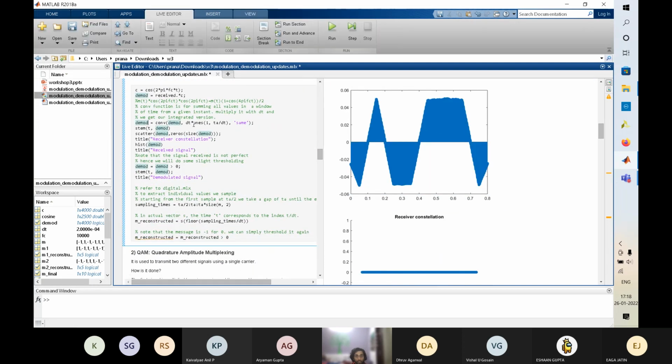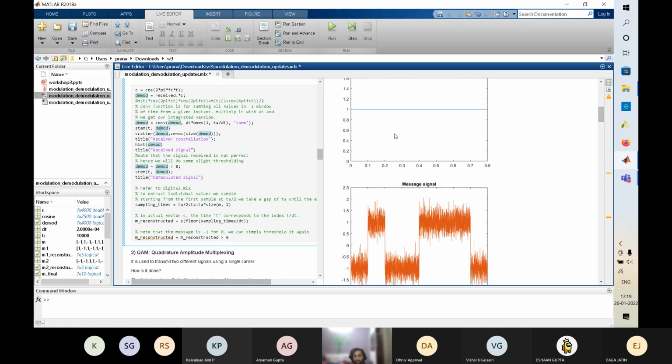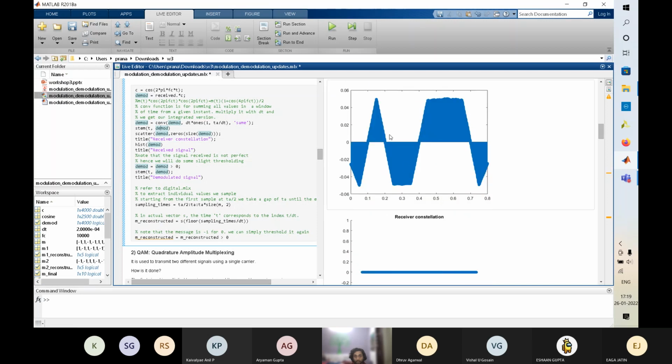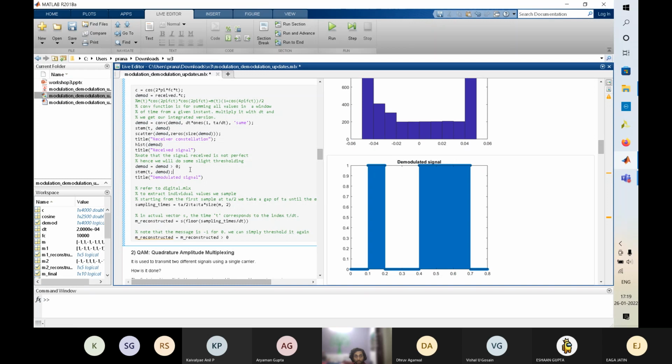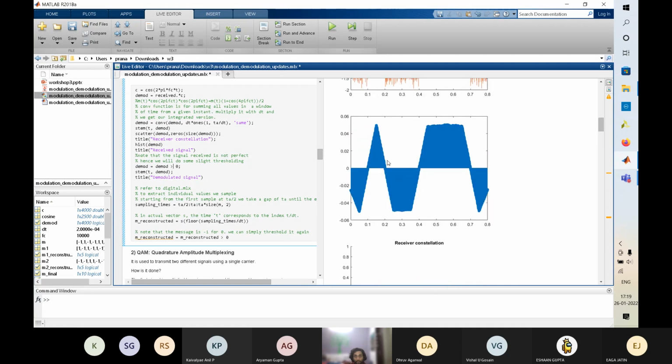Continuing demodulation, after taking the convolution, we basically have the m. You can see that because of the noise and low pass filter, the signal is not perfect. Like we sent this signal, and what we are getting is this. So basically we are taking the output at the center.